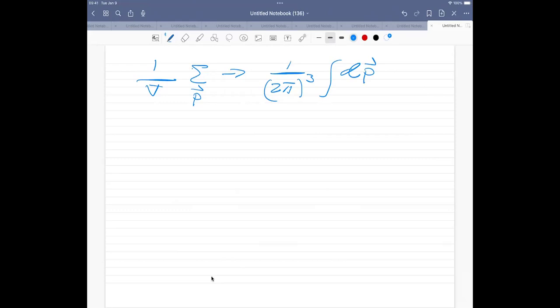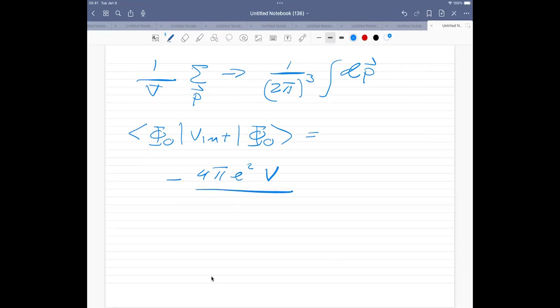So that means that when I now look at my integral, what I get for the ground state expectation value of this term is minus 4 pi e squared. I need an additional term V because I'm missing that one. I had just 1 over V. And this is a 2 pi to the power of 6.